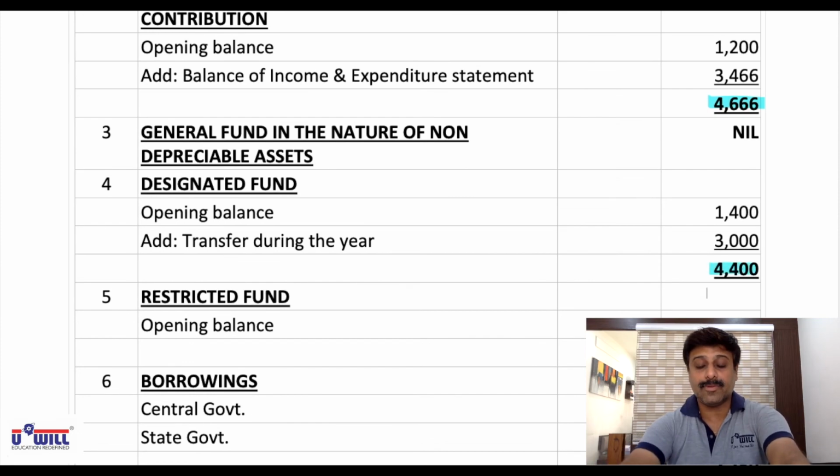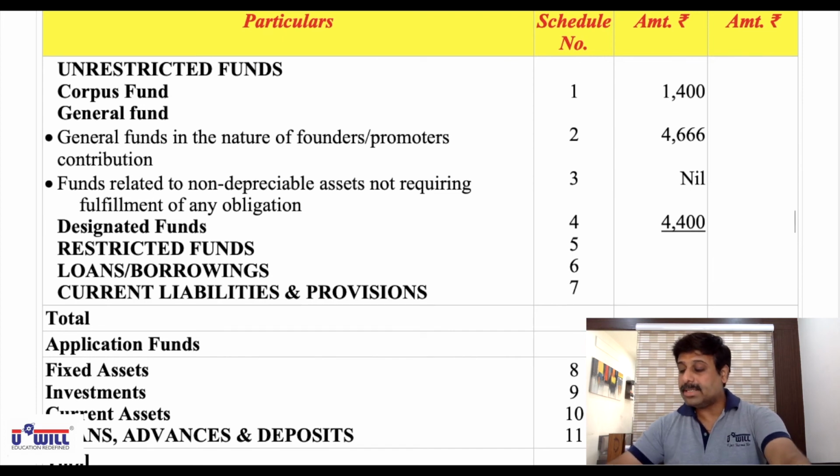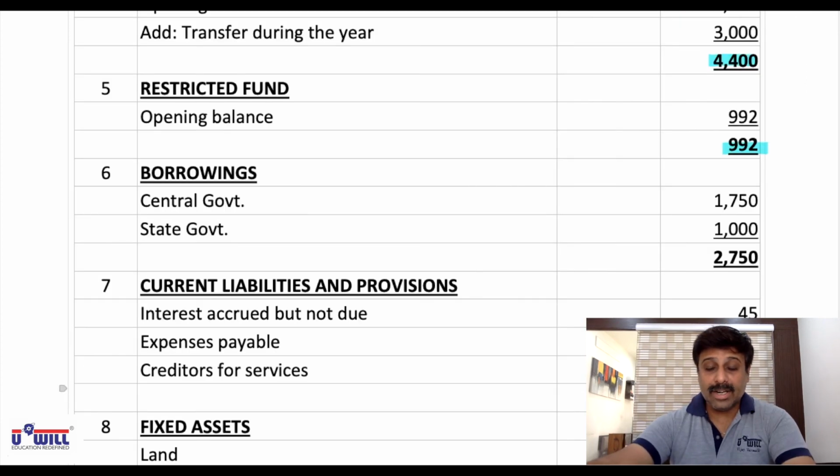Designated fund is 4,400. So total unrestricted funds will come to 1400 plus 4666 plus 4400, that is 10,466. Restricted fund is 992.